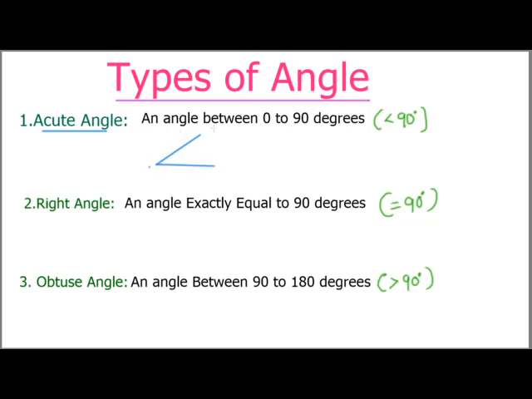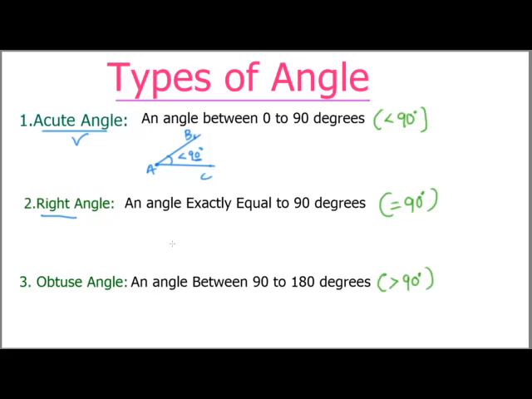Take A, B, C. When we take this, AB and AC rays are intersecting at point A, and the angle should be less than 90 degrees. When two rays meet at one point and the angle is less than 90 degrees, then it is called an acute angle. The next one is right angle.